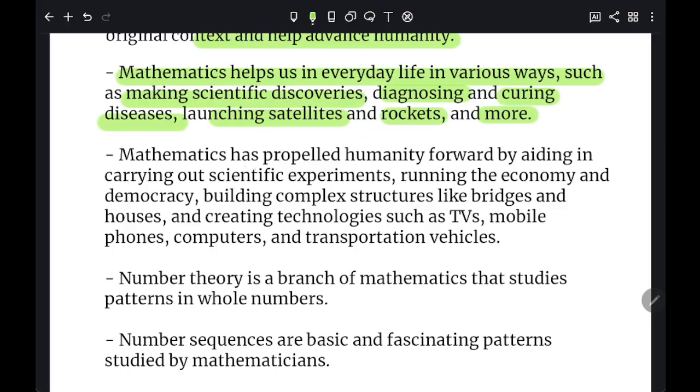Mathematics also propelled humanity forward by aiding in scientific experiments. Already we have done running the economy, building complex structures like bridges, houses, creating technologies, mobile phones using cryptography, binary logic, computers, and transportation vehicles.